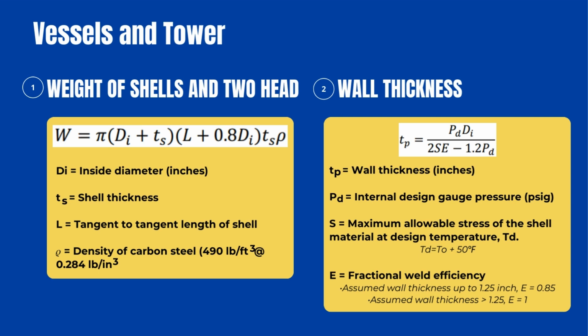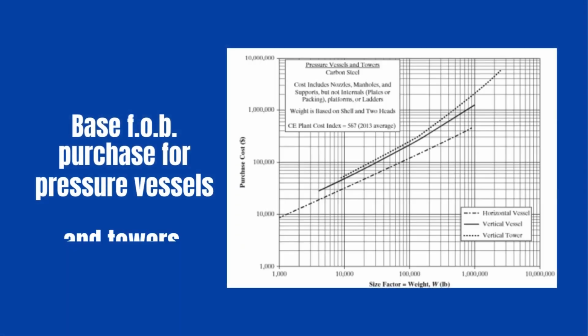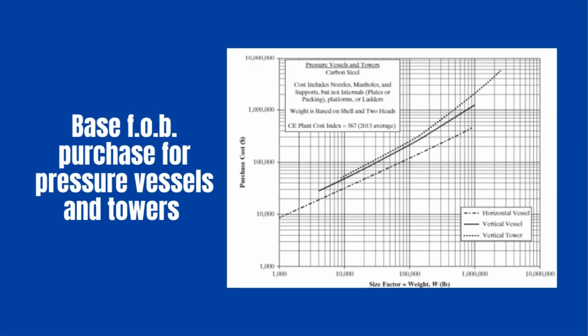For larger wall thickness, the value of E is 1. This figure shows a curve for FOB purchase cost in US dollars, at a CE index of 567, for vertical towers, vertical vessels and horizontal vessels, including the nozzle, manhole and support, based on the weight in pounds of the shell and tool heads.